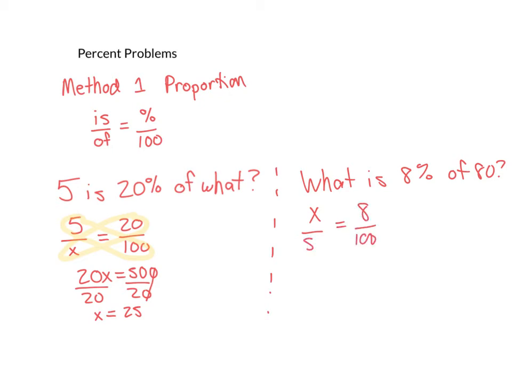And then my of is 80. So now I can cross multiply just like we've done. And so I'm going to get 100x is equal to 640. And then I can divide by 100, and I'm going to end up with x is equal to 6.4.